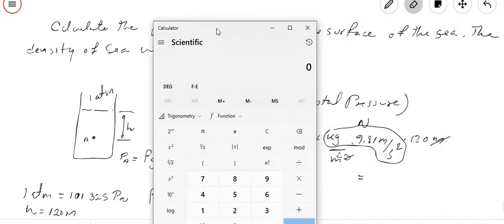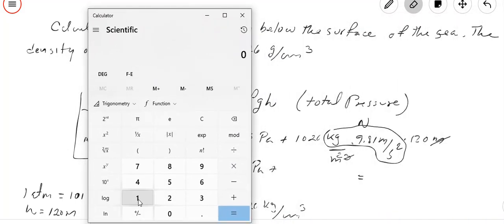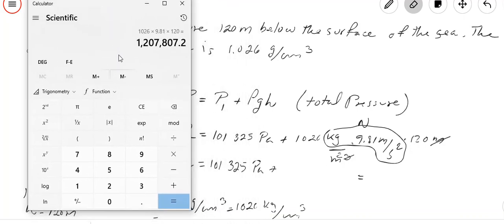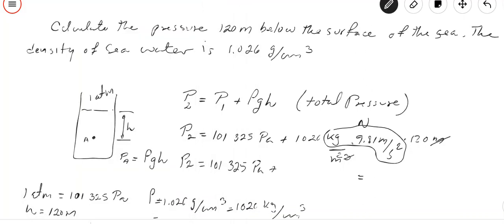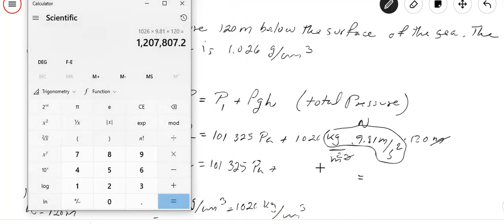I'm going to say 1026 times 9.81 times 120, just to make sure that I have the correct number. This will be 1,207,807.